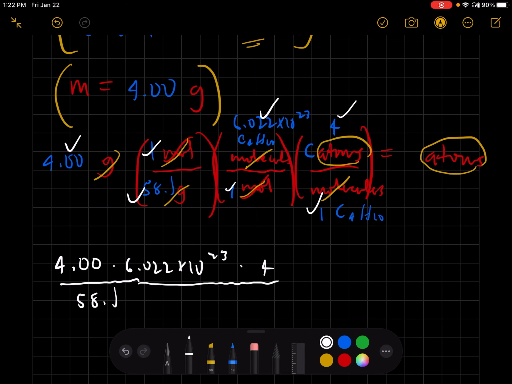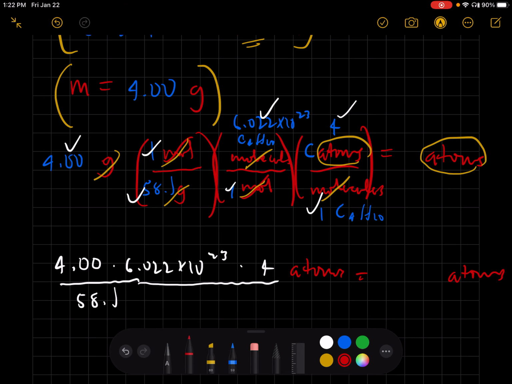All my units are crossed off except atoms. I'll put that back in red. Atoms is equal to atoms, right? So let's put those numbers in there. I'm going to come over to my calculator, which looks a lot like a computer. 4 times 6.022 times 10 to the 23rd times 4 divided by 58.1.